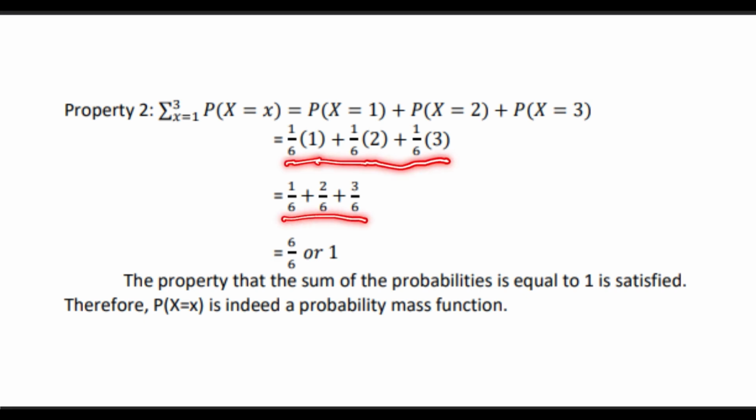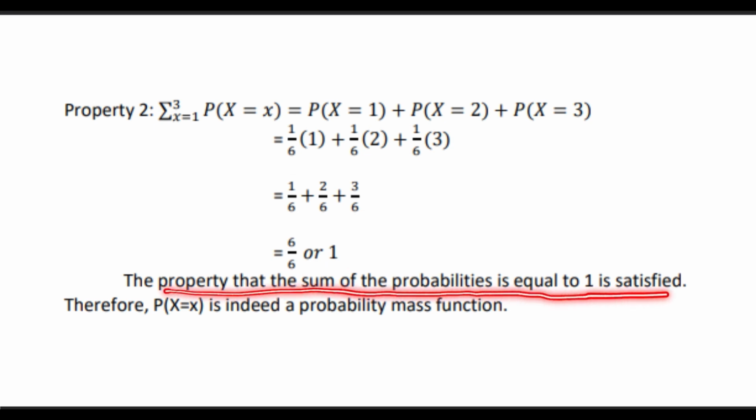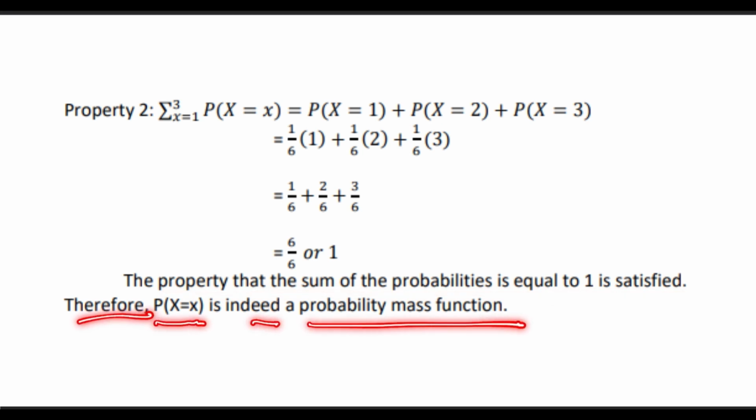Simplifying it, we have 1 over 6 plus 2 over 6 plus 3 over 6, which is equal to 6 over 6 or 1. The property that the sum of the probabilities is equal to 1 is satisfied. Therefore, the probability of X equal to x is indeed a probability mass function.